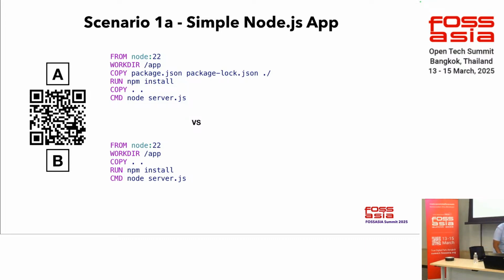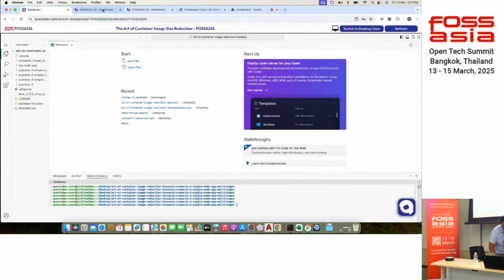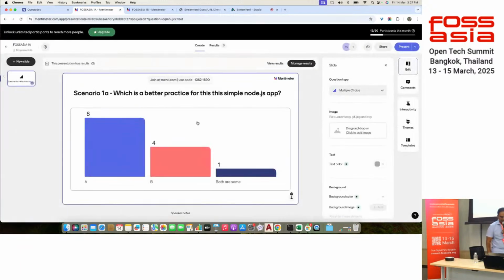Okay, so let's see the results. Okay, so we see that 8 folks think it's A, 4 folks think it's B, and one of them says both are the same.